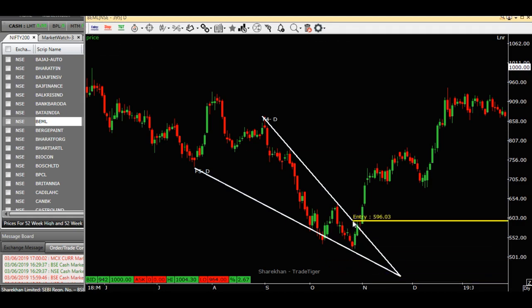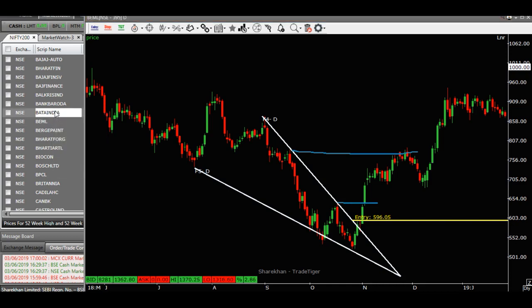We get the breakout right at this level, and so my first target can be this first swing high, and the second target can be this second swing high right here. You can see how the trend immediately reverses the moment it breaks out. This is the beauty of wedges, that when the move happens, it happens dramatically.